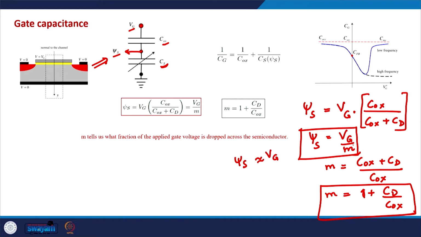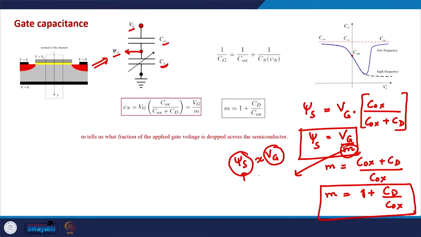This m, which is known as the body coefficient of the MOSFET, governs how much of the gate voltage will drop across the semiconductor, because the voltage that drops across the semiconductor is psi s. If m approaches 1, psi s will almost be equal to Vg. And what does that mean?